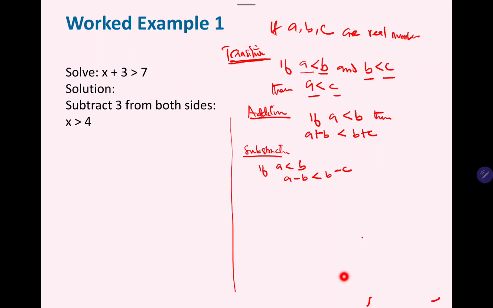We have the multiplication property of inequalities, for positive integers, please.